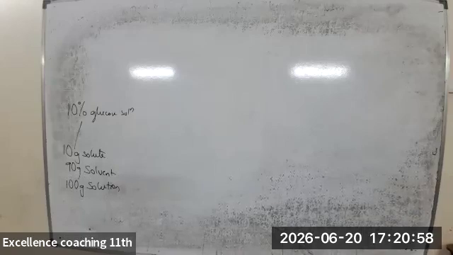Mass of solute? No. What did I say at the start? What hint did I give? 10%. So what do you all understand by 10%? Weight by weight. So if I want to split that 10%, what will I do? 10% will be 10 grams of solute, glucose. 90 will be the solvent.